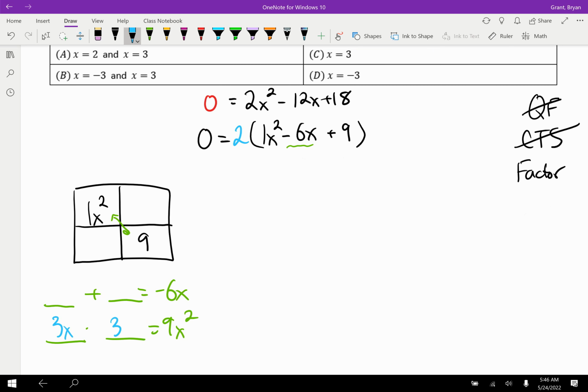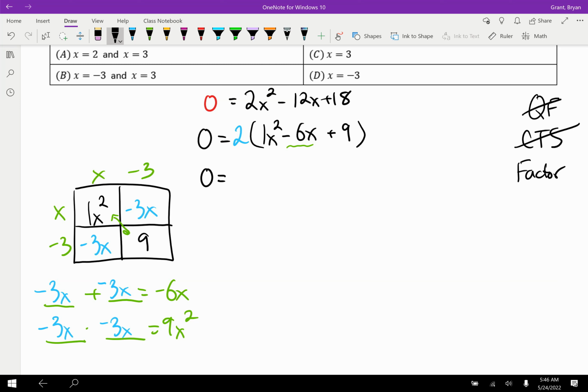I think 3 times 3 is 9, and 3 plus 3 is positive 6. To get a negative, we need a negative somewhere in the problem, but a positive times a negative is not a positive. A negative times a negative is a positive, so I think they both have to be negative here. Negative 3x, negative 3x. Then, finding the outside, x and x, negative 3, negative 3.